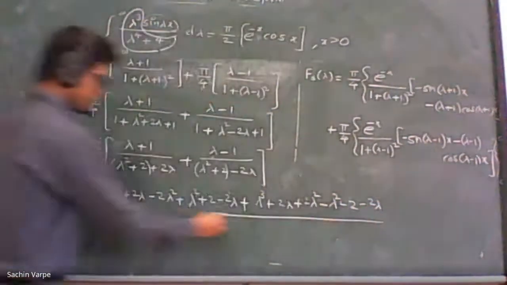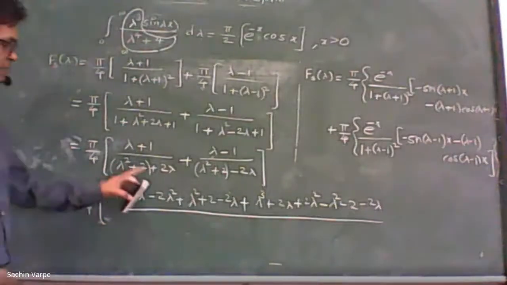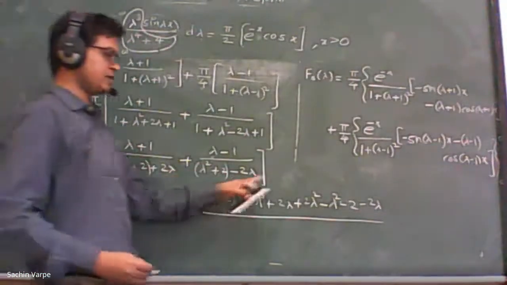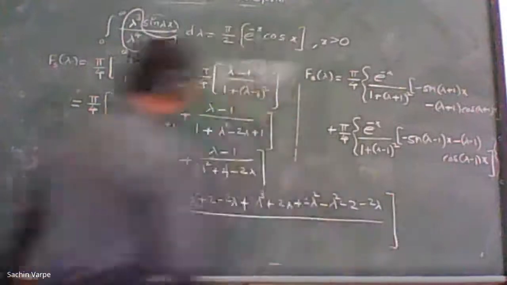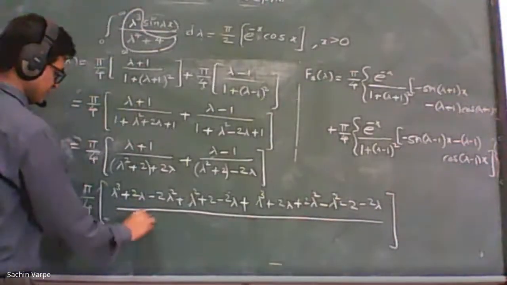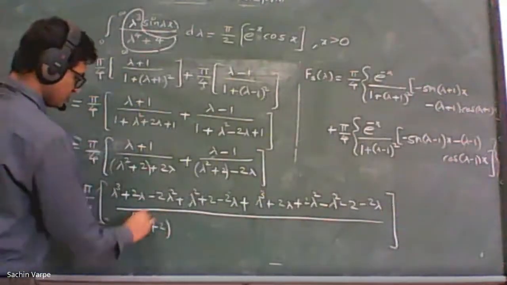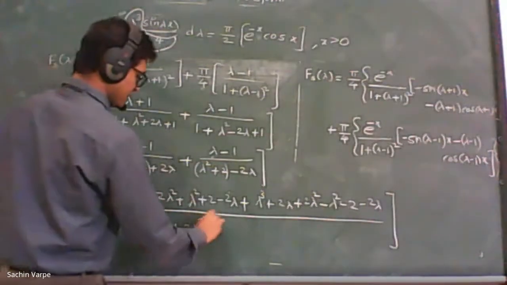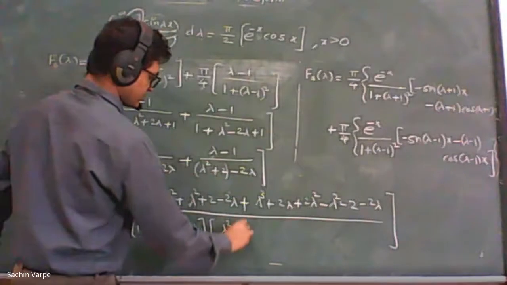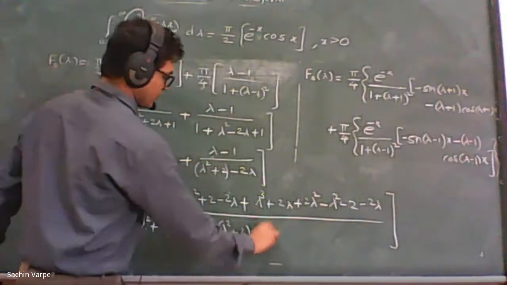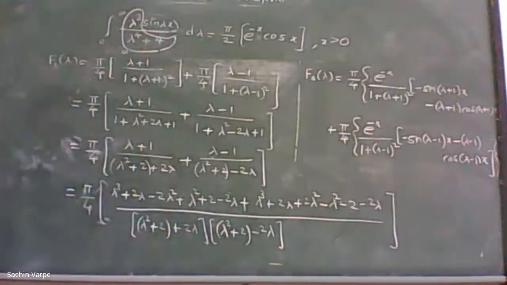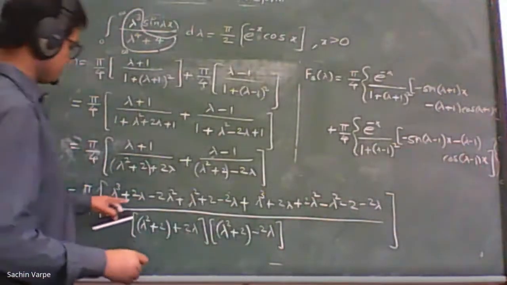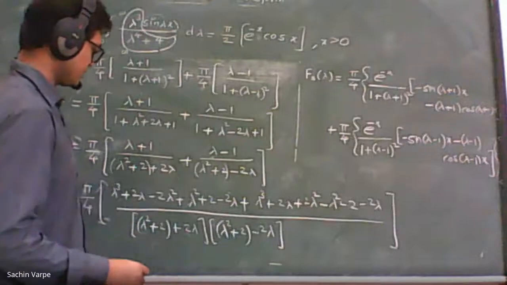And the whole upon a plus b into a minus b. I'm writing directly: lambda square plus 2 plus 2 lambda into lambda square plus 2 minus 2 lambda. Please note this.